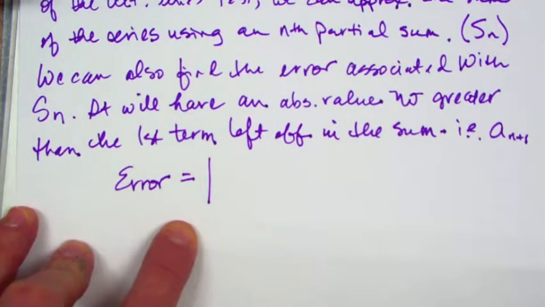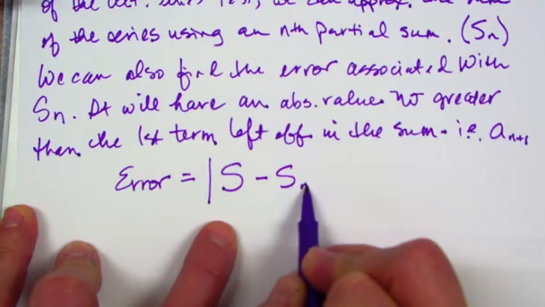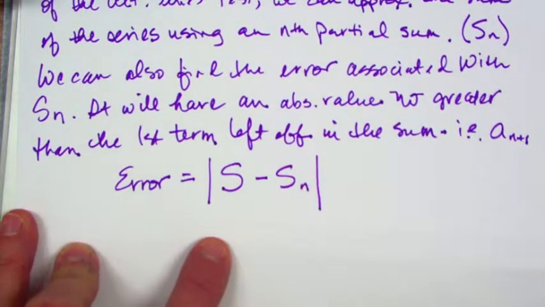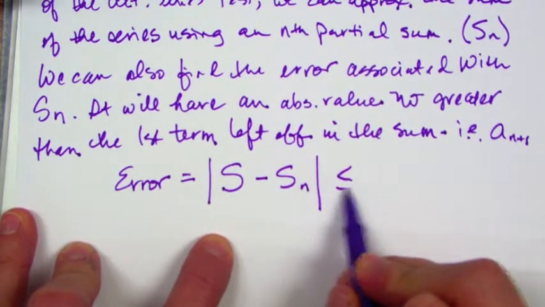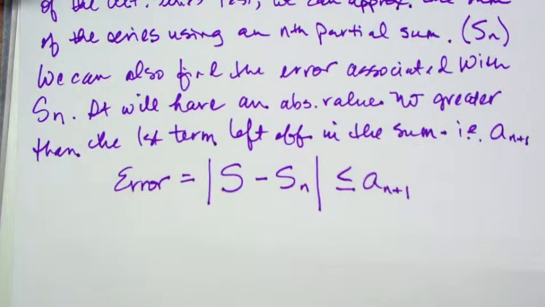So the error is the real sum minus the partial sum, and that's got to be less than or equal to a sub n plus 1, right? The next term.